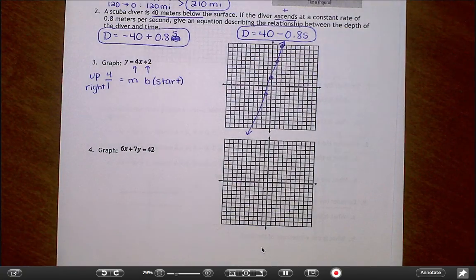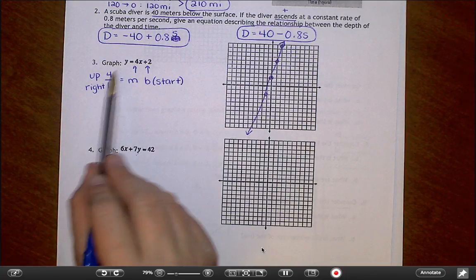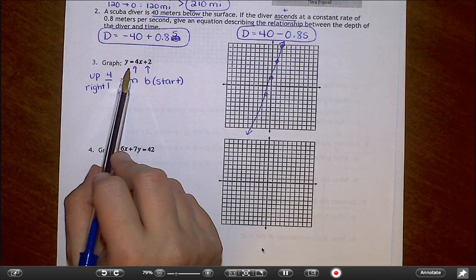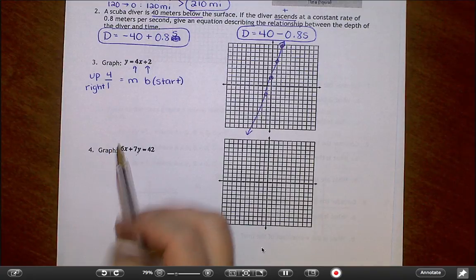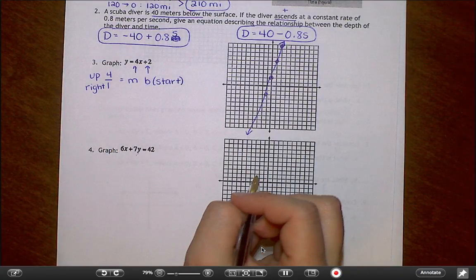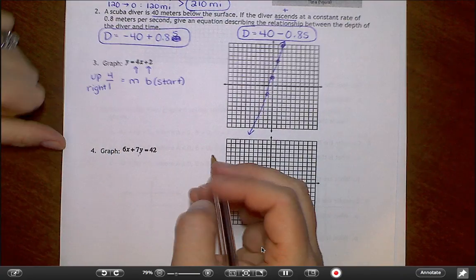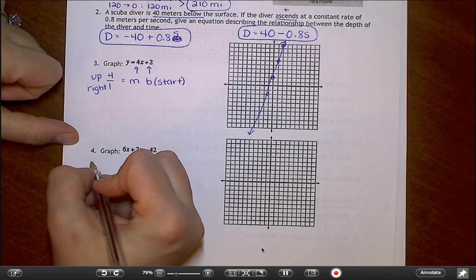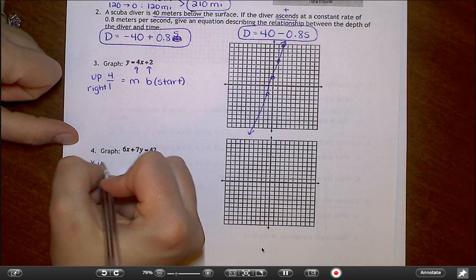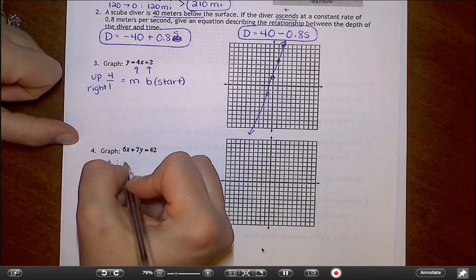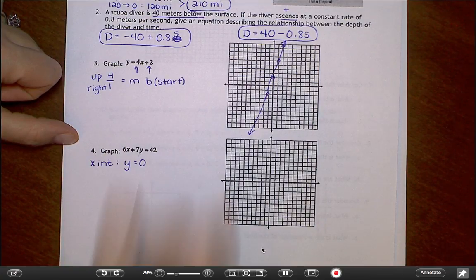Now looking at number 4, it's asking me to graph, but this one is in what's called standard form. If I really wanted to, I could solve it for y, and that would turn it into an equation like this one, and then I could do it exactly the same way. But I usually use a shortcut where I just look for the intercepts. Remember that at the x-intercept, y is equal to 0.